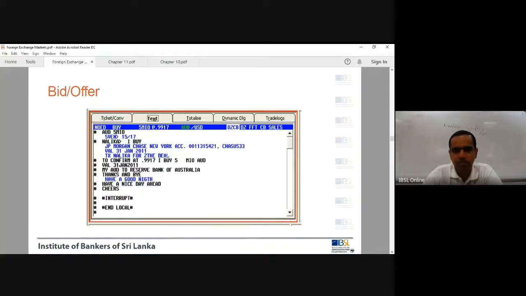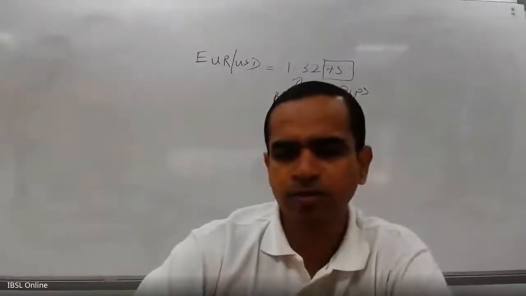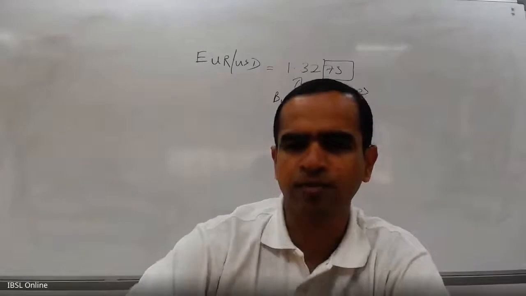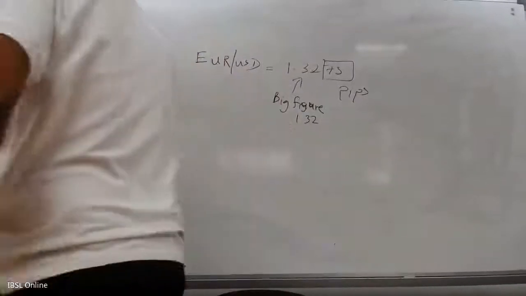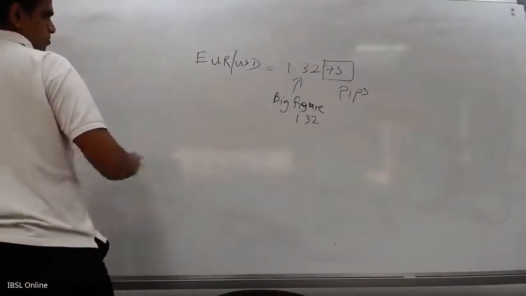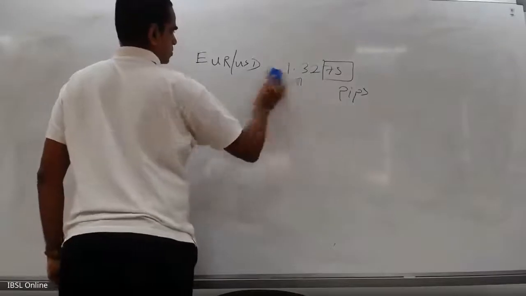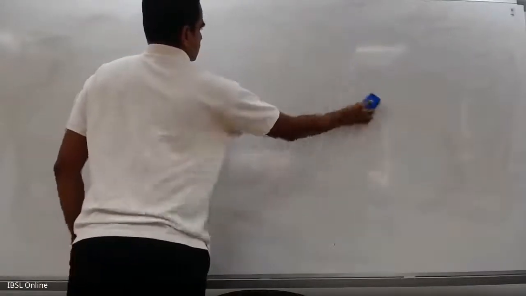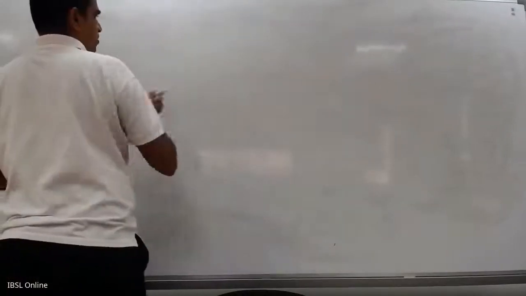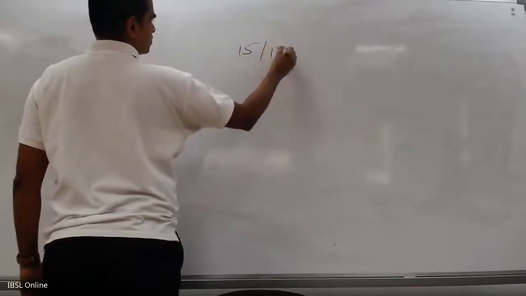Okay, now in this case, Nalika has bought 5 million Australian dollars. Right, so 5 million Australian dollars she's buying at a price of 0.9917. So what amount of US dollars has she got to pay? Sven has quoted a price of 1517.